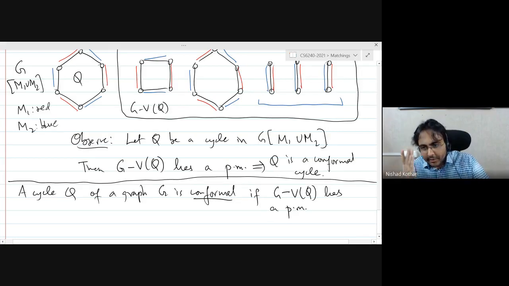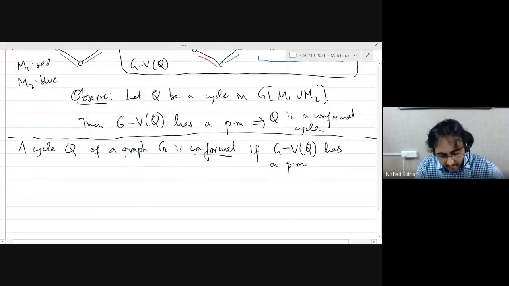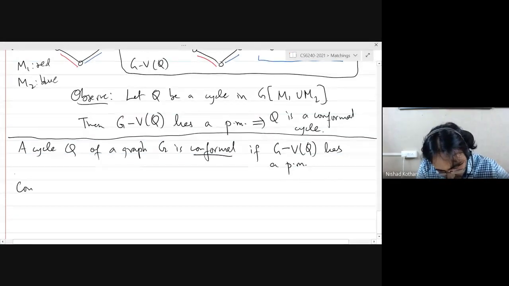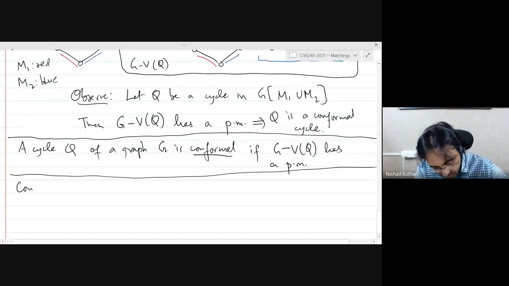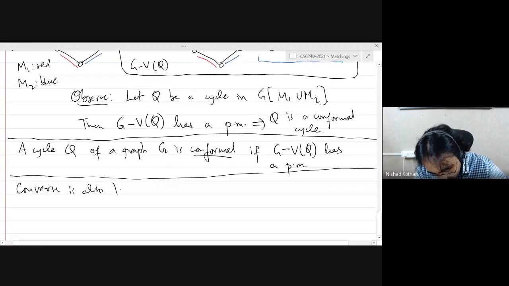Turns out the converse is also true. Every cycle that is conformal can be written as a symmetric difference of two perfect matchings. The converse is also true.